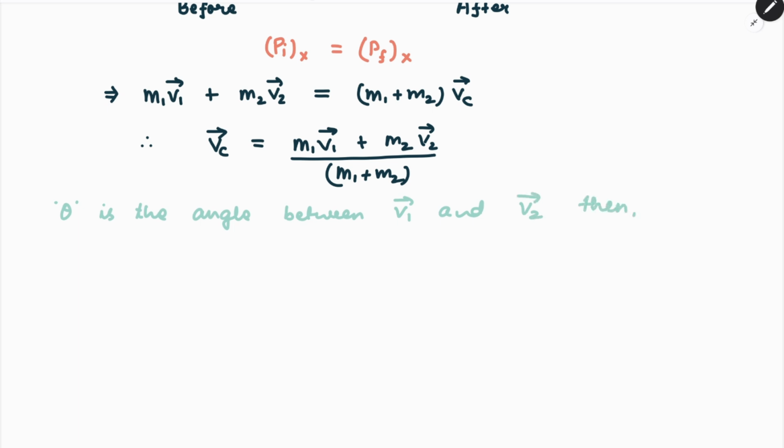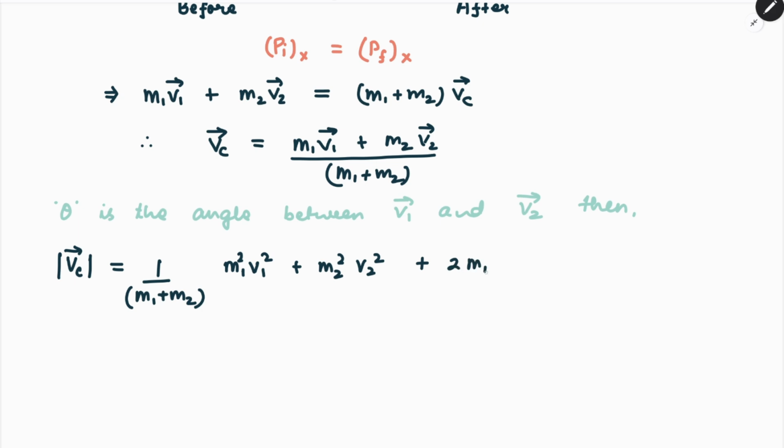So then if we write the magnitude of Vc, we can take 1 by m1 plus m2 out, and then it is the square root of m1 square v1 square plus m2 square v2 square plus twice m1 m2 v1 v2 cos theta.